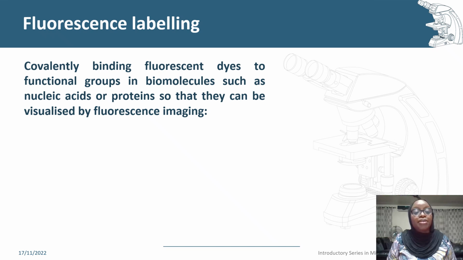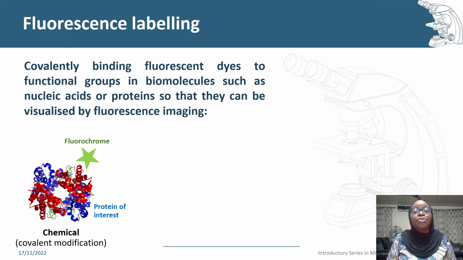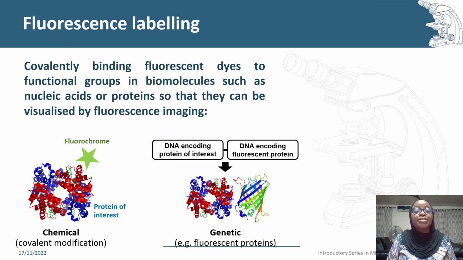Fluorescence labeling is done by different methods. First, we have chemical labeling. Here, it is done chemically through a covalent binding of a fluorochrome to the protein of interest. Secondly, you have genetic labeling.